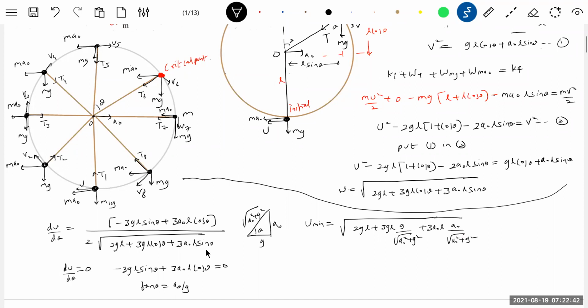Now you do one thing, substitute a naught equal to g. So what is the value? How much will we get?